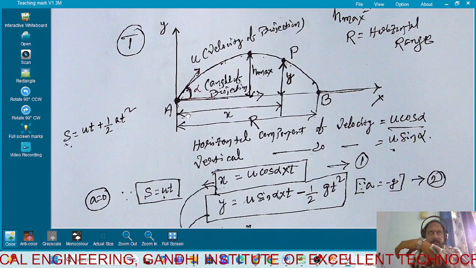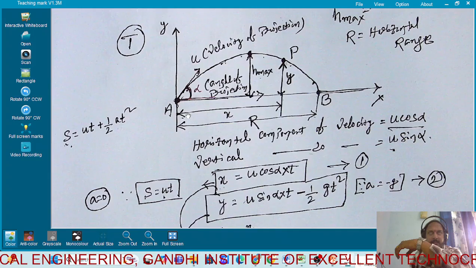So here we are going to use this particular expression. All of you know this, v square minus u square is equal to 2as. What is the final velocity? 0 square. What is the initial velocity? u sin alpha, whole square. 2 into, what is a here?